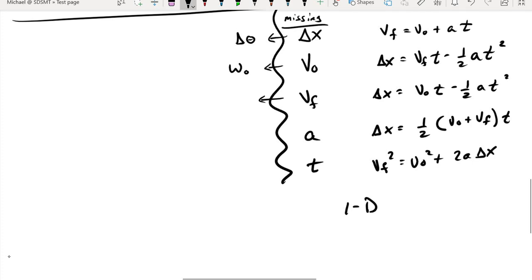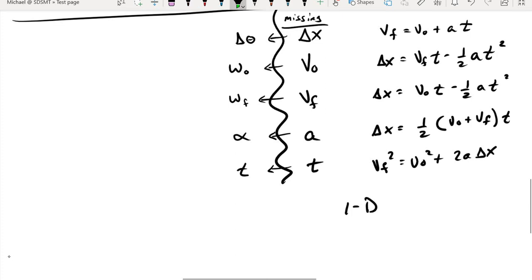Anywhere where I had final velocity, I will now have final angular velocity. Anywhere where I had acceleration, I will have angular acceleration. And anywhere where we had time, we'll have time, because time is not going to have an angular equivalent. Time is just time.